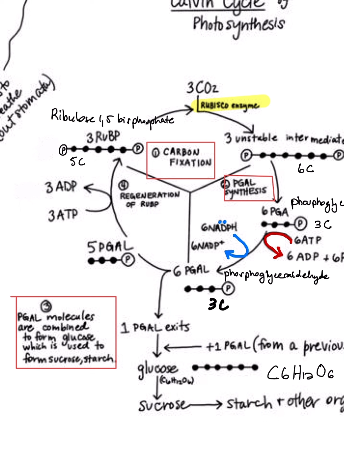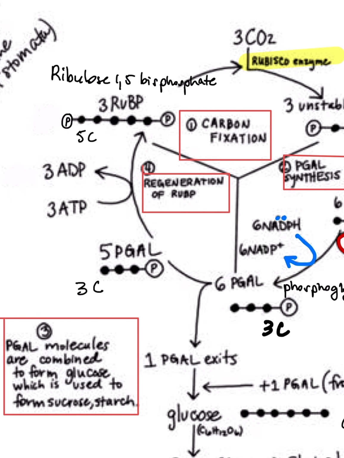This brings us back to what we had happening here, of course, which was 5 PGAL molecules staying behind in the cycle, and those still are 3 carbons big each, and they will go through a series of reactions next here during a phase we refer to as regeneration of RUBP. So this is a multi-step process, but we just have one arrow here. We're simplifying things a bit over here. But the regeneration step is there for the purpose of regenerating RUBP, some ribulose 1,5-bisphosphate.